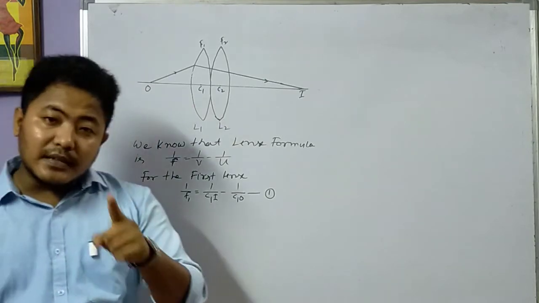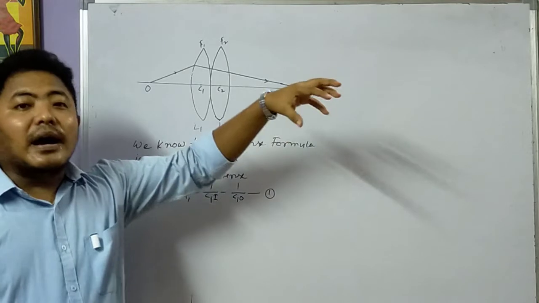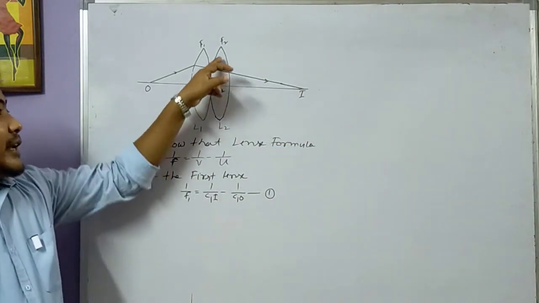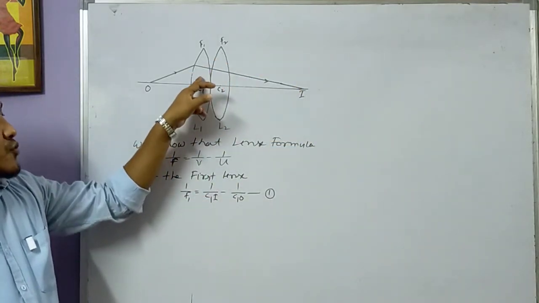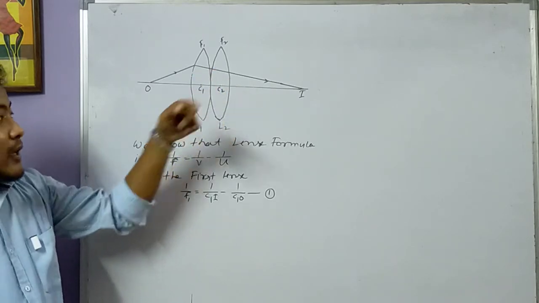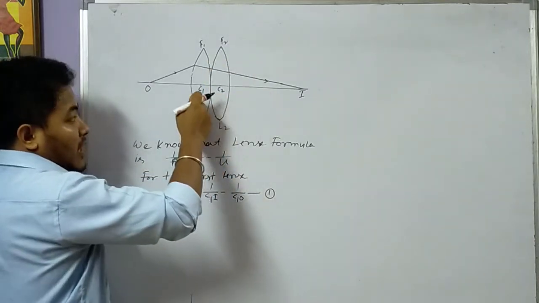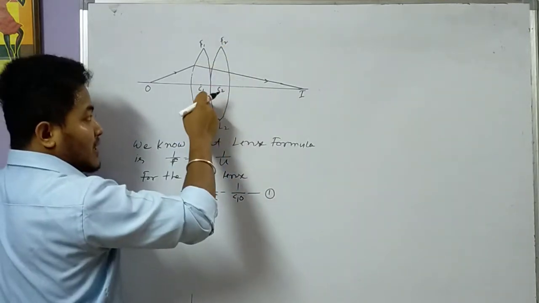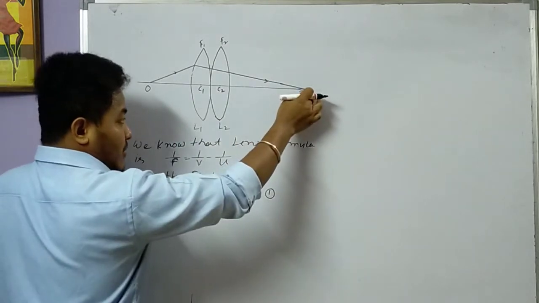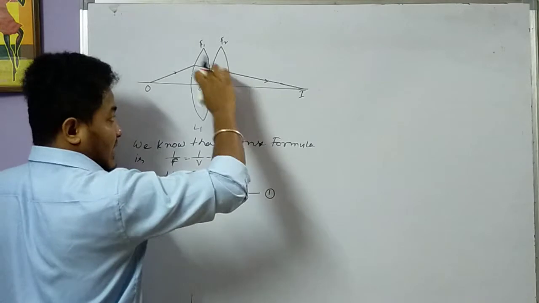As I assumed in the first case that this lens was not there, now I have brought this lens together. Now I will assume that this lens is also available here. That means how many lenses in total now? Two lenses. Once I combine these two lenses, the image of the first lens is going to behave as the virtual object for the second lens. Remember this line.